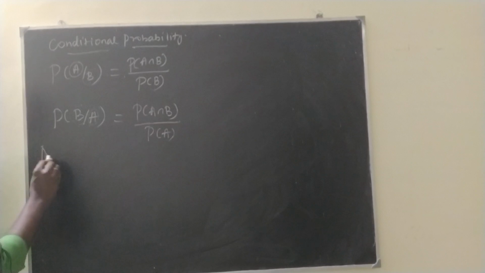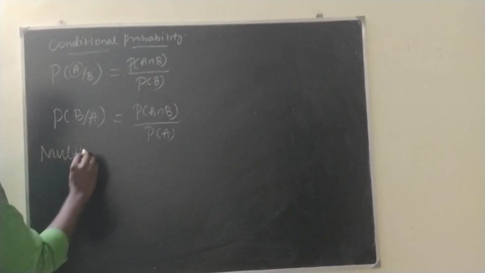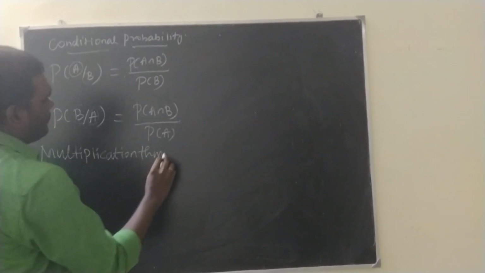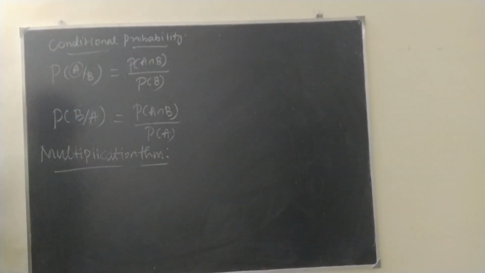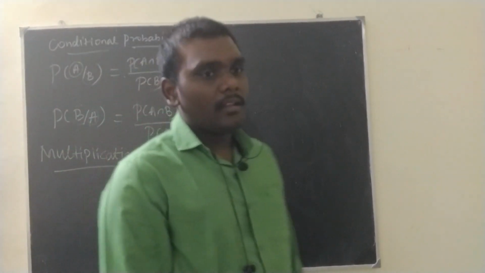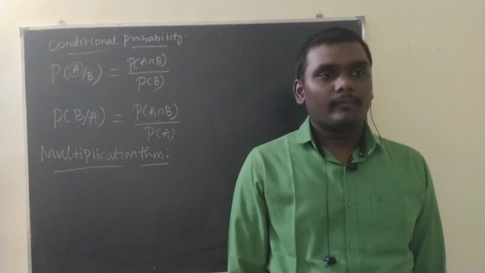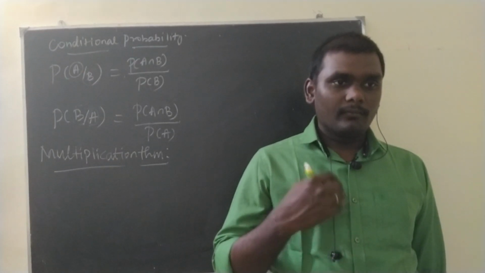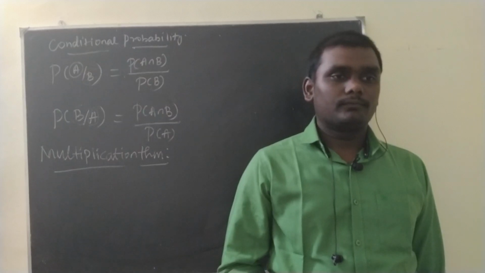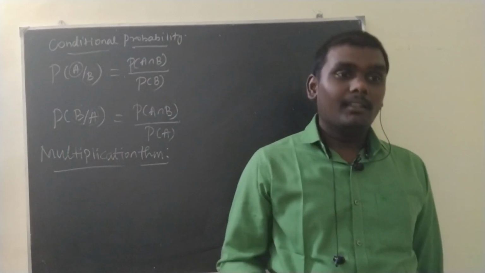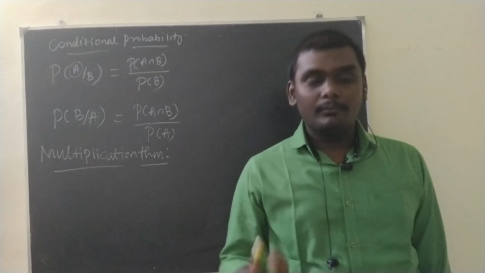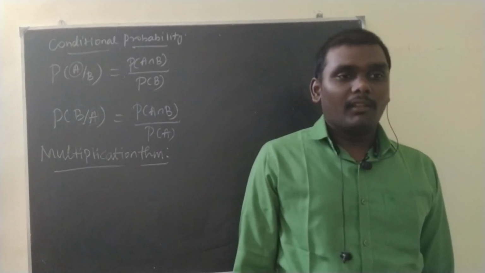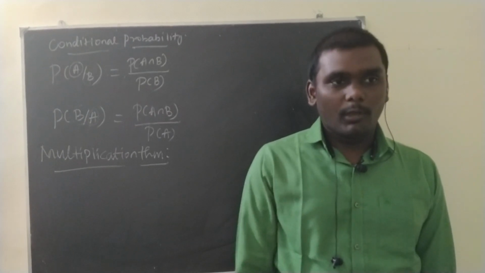Now, the multiplication theorem. Previously, we have seen the addition theorem on probability. That states what? P of A union B equals P of A plus P of B minus P of A intersection B, given by the addition theorem of probability.